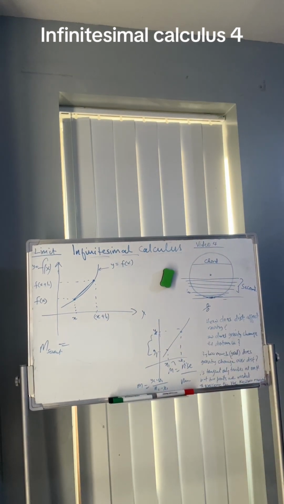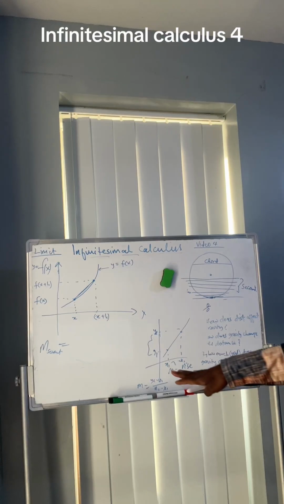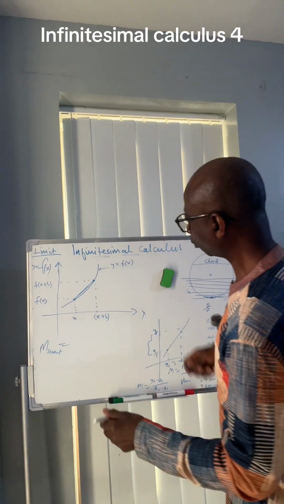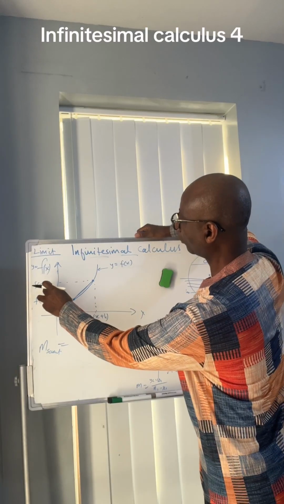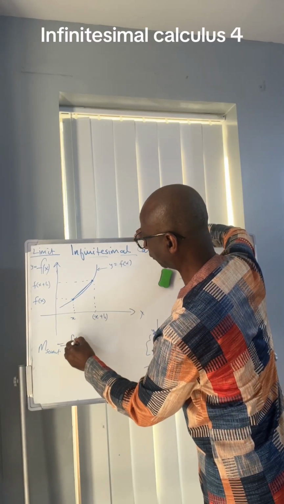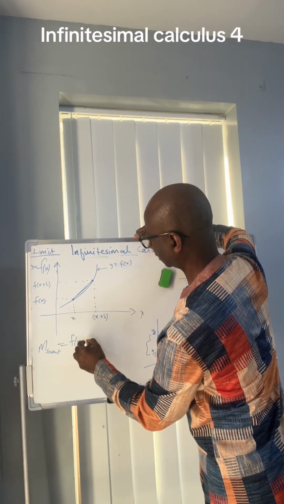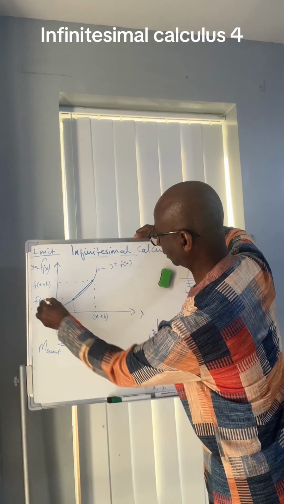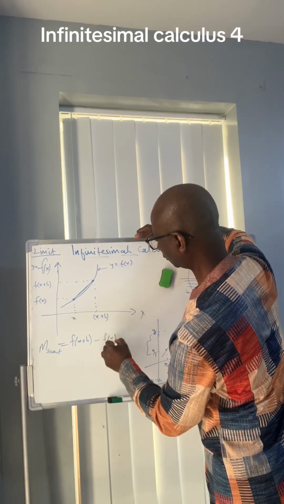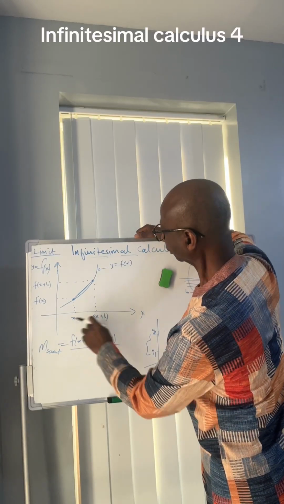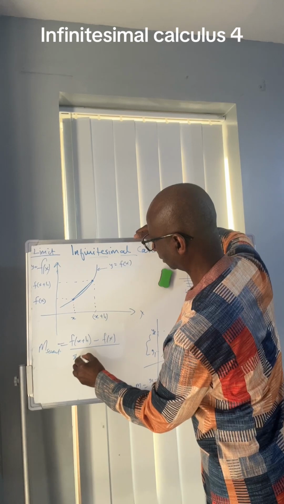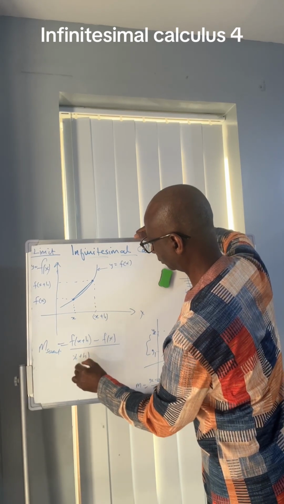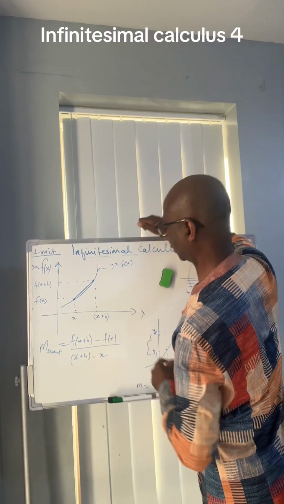That is the increase on the y-axis divided by the increase on the x-axis. So what do we get here? The rise is f of x plus h minus f of x, divided by x plus h minus x.